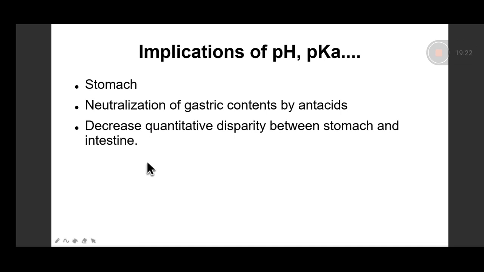So the differences arising because of pH would get neutralized if antacids are taken.